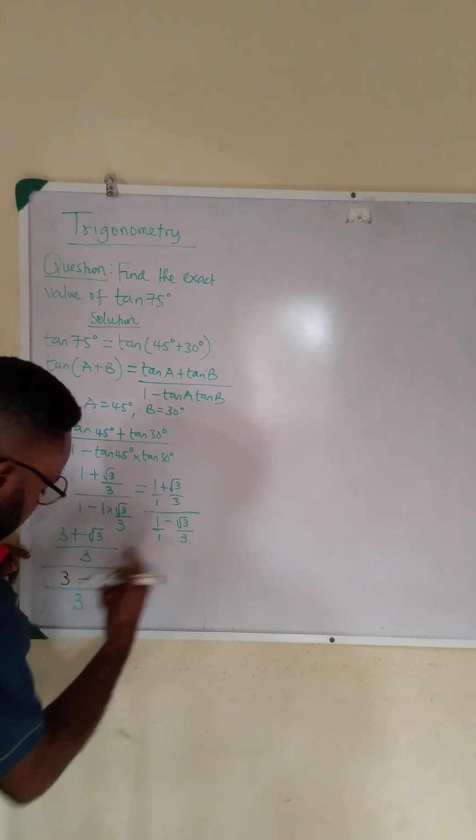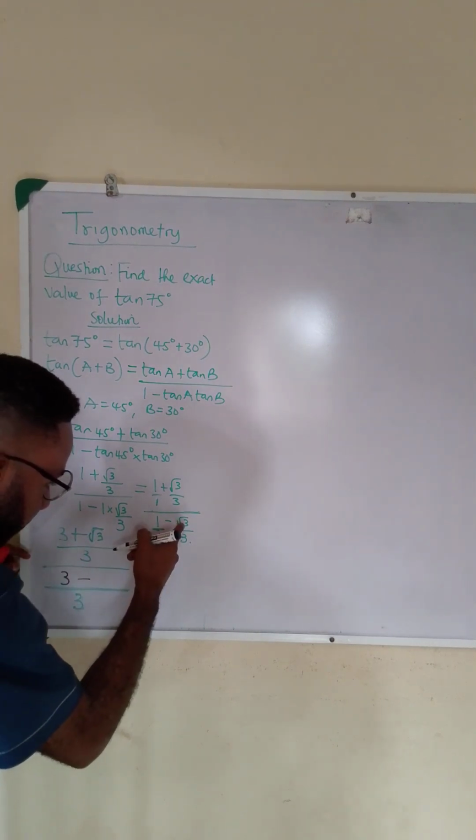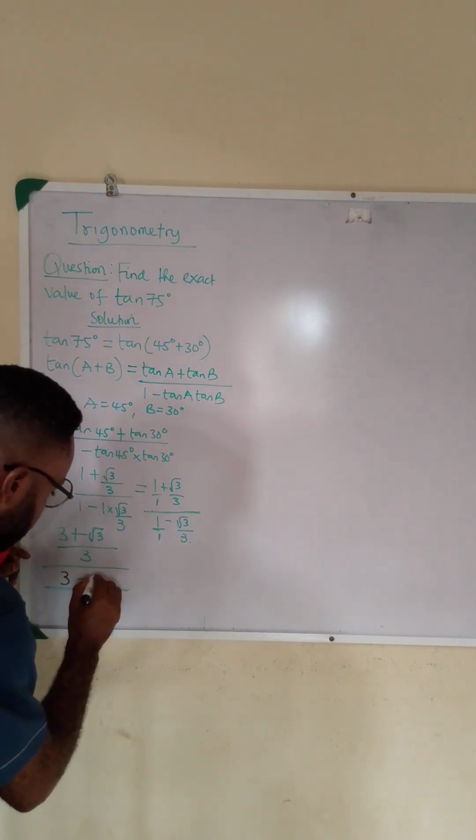Then 3 divided by 3 here is 1, and 1 multiplying root 3 will give us root 3.